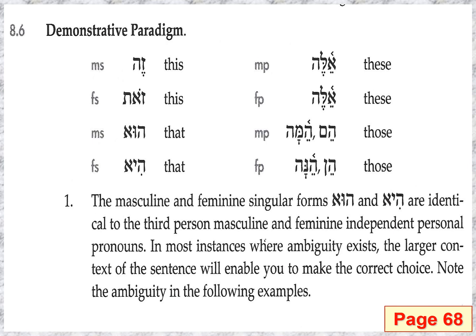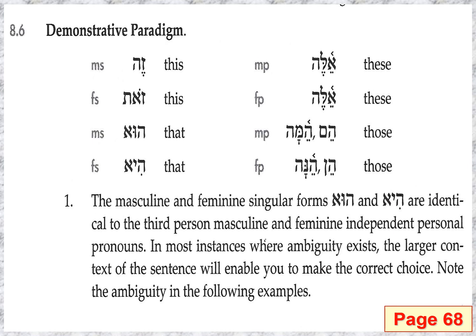Again, for the near demonstrative plural here, meaning these, if we were to communicate it in English. And fortunately, we have some difference in the masculine plural and the feminine plural in terms of the far demonstratives, but these harken back to the third masculine plural and third feminine plural of the personal pronouns. Context, context, context. So hem or hemma can mean those or it can mean they from the personal pronouns that we learned.